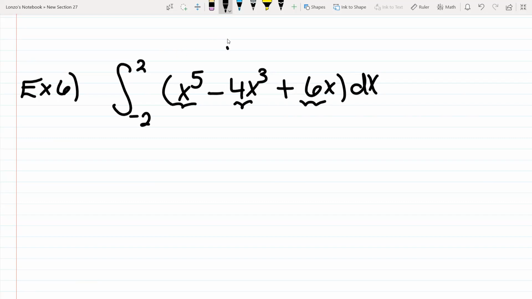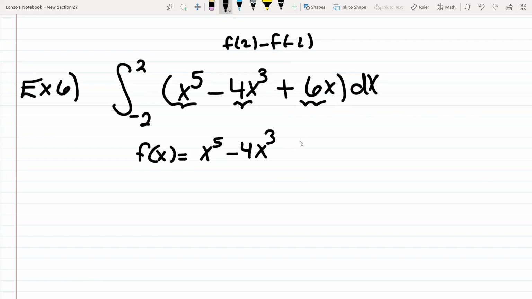So you would do f of 2 minus f of -2 once you take the integral of each term. Or what we could do is apply the even and odd function rule to make life easier. So our function is f of x equals x^5 minus 4x cubed plus 6x.